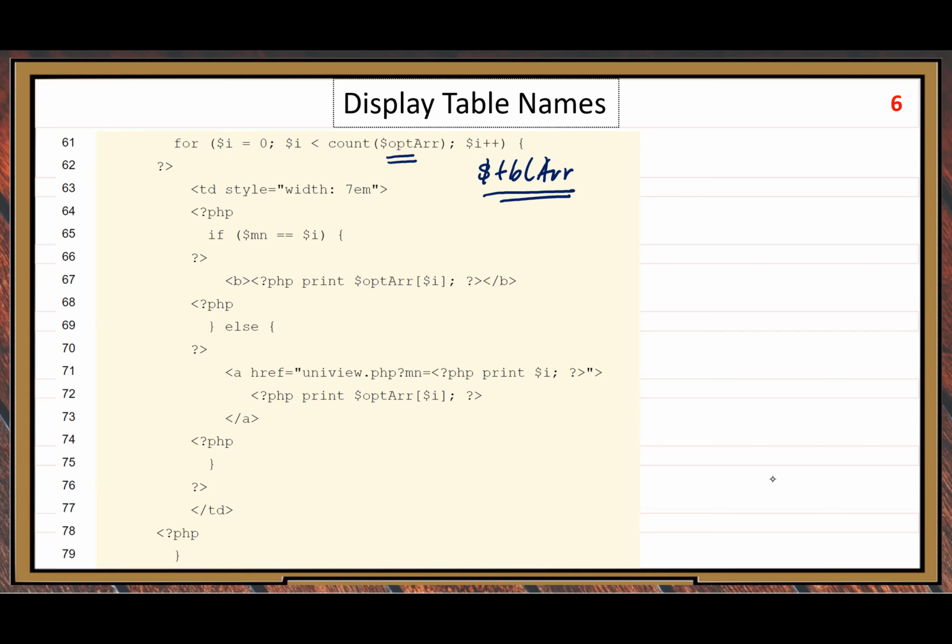So here you can see, when the table is selected, inside the for loop, I use an if statement.